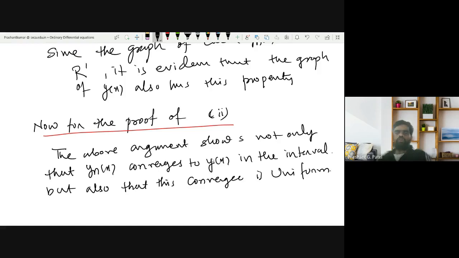So under the uniform convergence, the continuity is preserved.